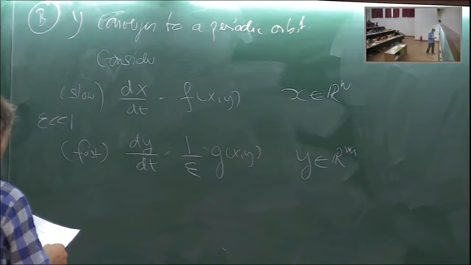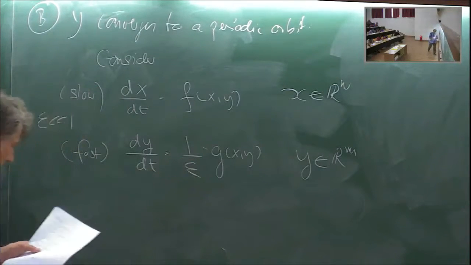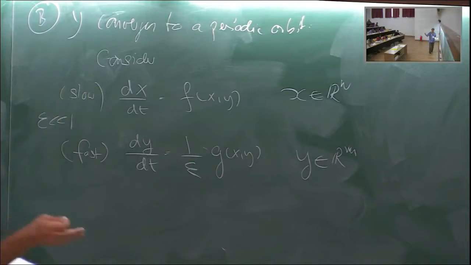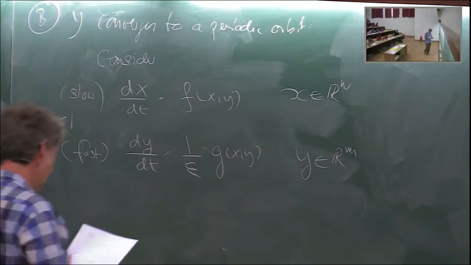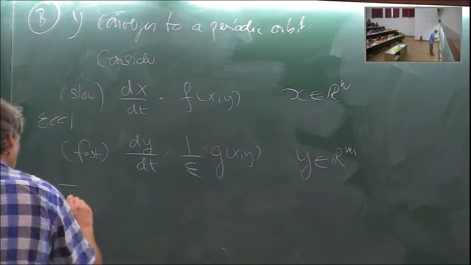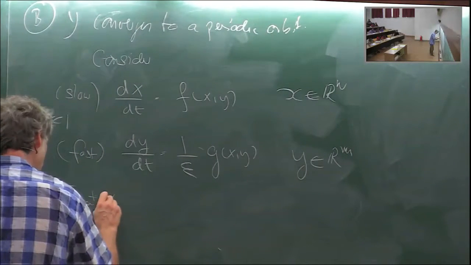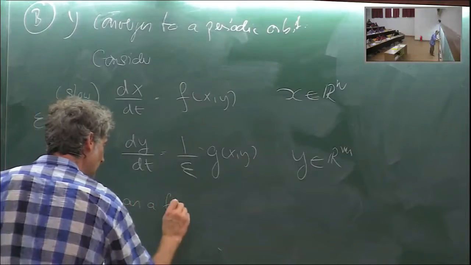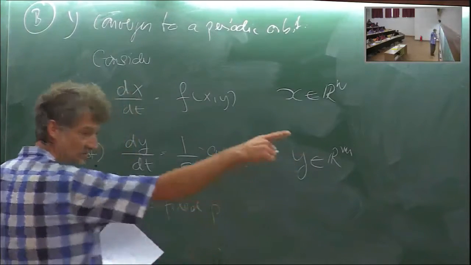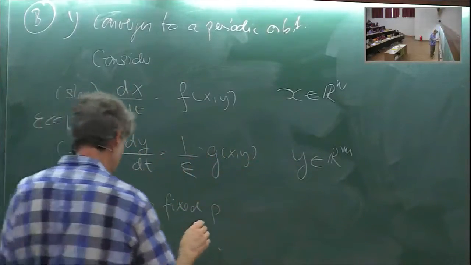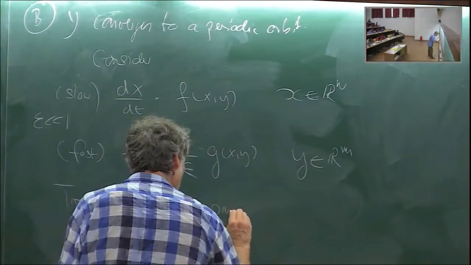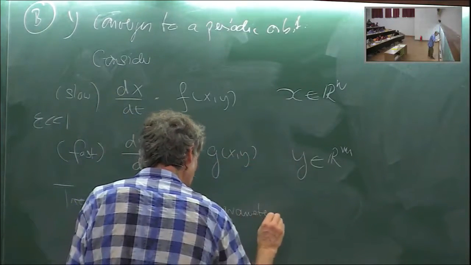And let's assume that we converge to some ergodic, that the y dynamics is ergodic. Okay, so we have a delta measure on, let's say, a periodic orbit. And now what you can do is you treat x as a fixed parameter. So it's the same philosophy as for center manifold theory in the fast dynamics.